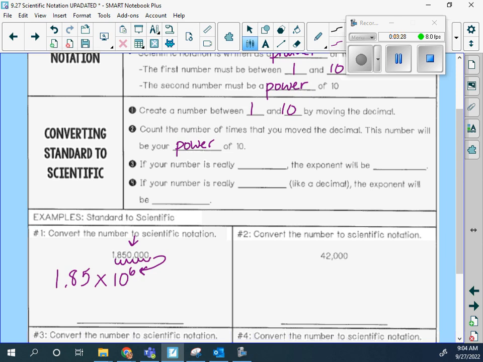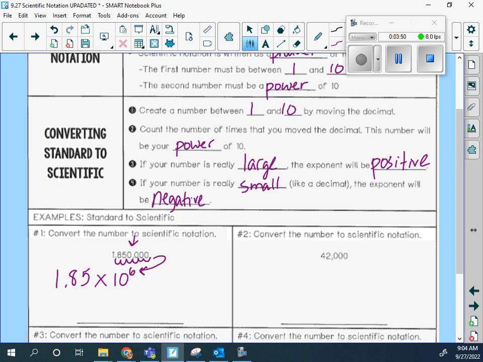Okay? If your number is really large, the exponent will be positive or negative? Positive. And if your number is really small, like a decimal, then the exponent will be negative.